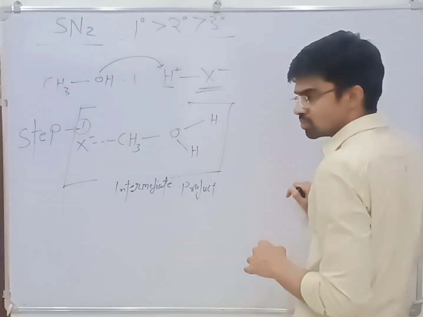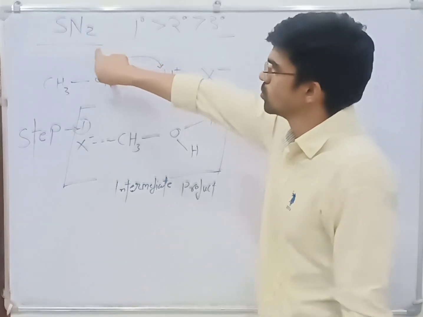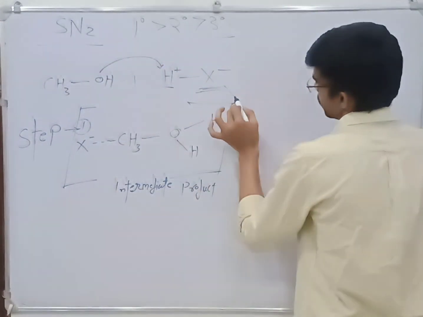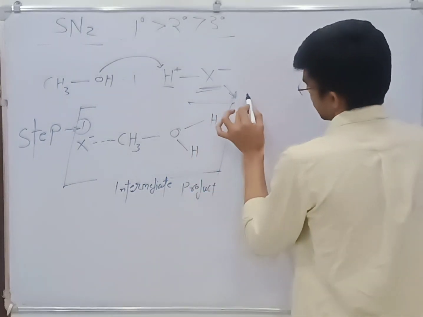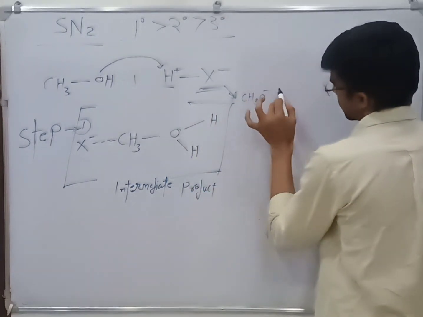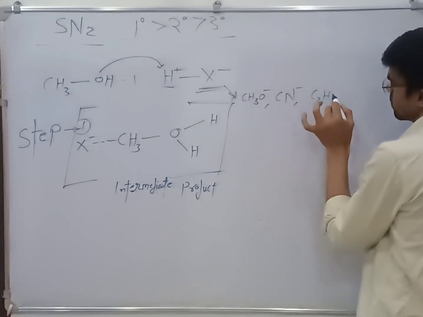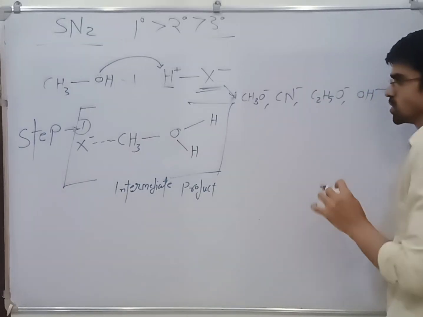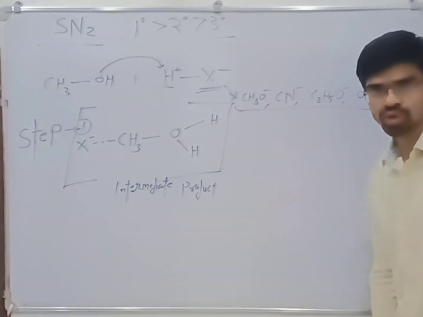Why does it happen so? Because in an SN2 type mechanism we always use a strong nucleophile, a polar aprotic nucleophile like CH3O minus, CN minus, C2H5O minus, OH minus. These are strong nucleophiles, so they don't wait for the formation of carbocations.